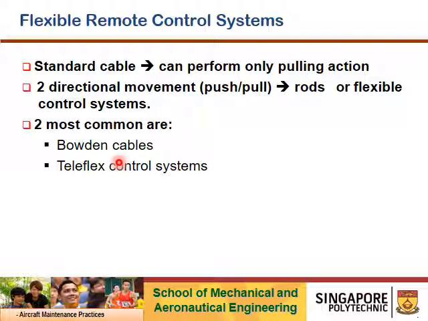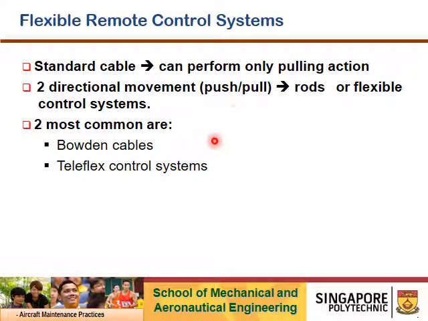As I mentioned earlier, a cable itself can only transmit pulling force. So you may require two cable runs to allow a push-pull condition using a quadrant. The industry has invented two types of cable, Bowden and Teleflex control systems, that allow two-directional movement using one cable, push-pull.